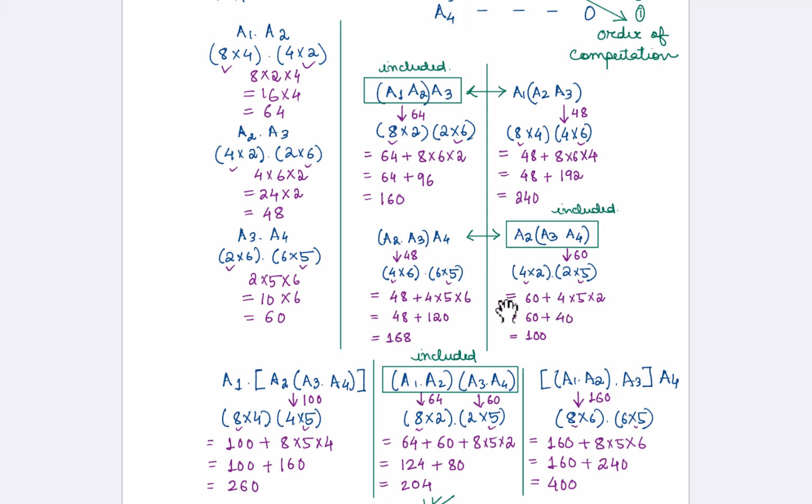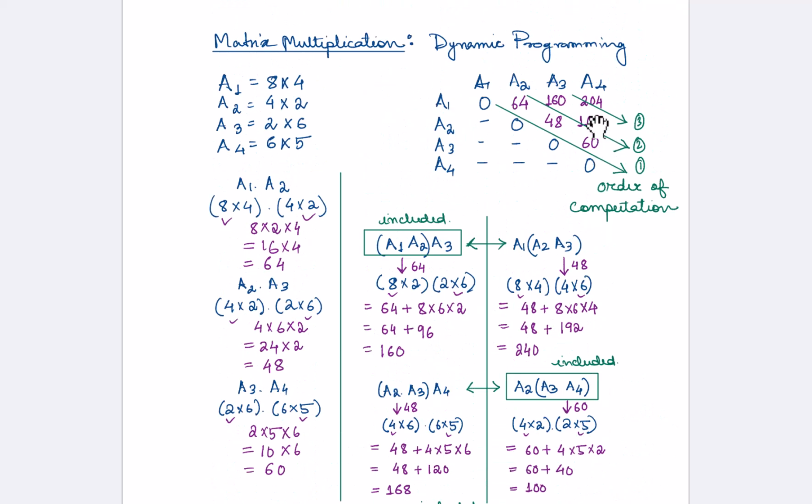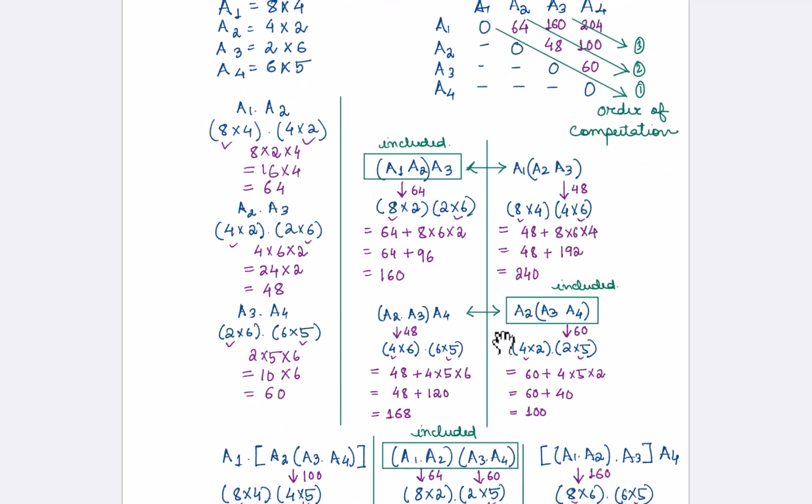Now we have to decide which value out of these two will go to the matrix. Since 100 is smaller than 168, you can see 100 is written in the matrix. For 160 and 240, 160 was minimum, so it came here. And again for the next value, between 168 and 100, 100 is minimum, so 100 has come to the matrix.